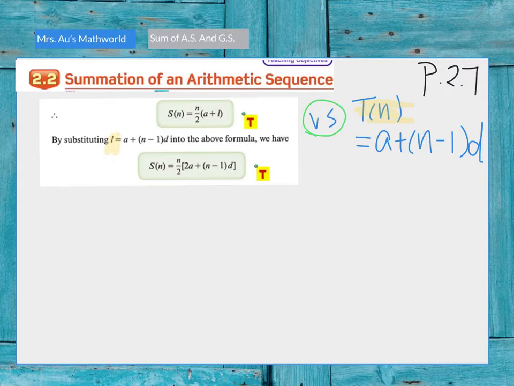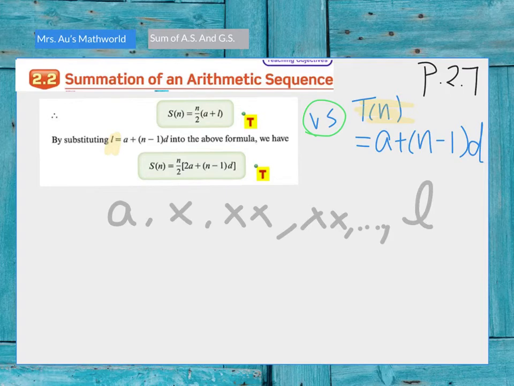Whenever you use the formula, actually we have three things at the beginning. We have to know them before we can use the formula. So if the question gives you a, a plus d, and so on, and then we get the last term to be L, then if I want to add all these together, the formula is to use Sn.